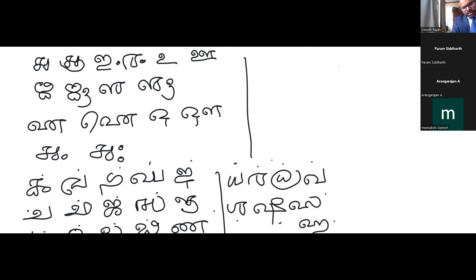Ge, gai, go, cow, or cow, gum, and right. You just have to learn these two new forms.